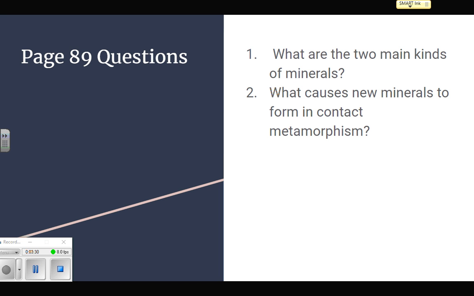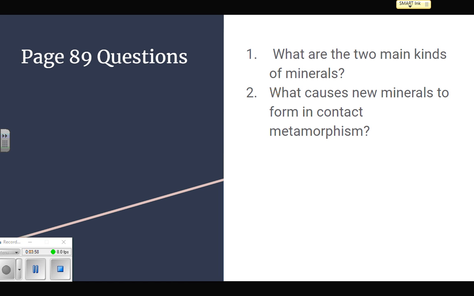Ores of nickel, chromium, and lead are examples. Evaporation. When a body of water evaporates, minerals that were dissolved in the water crystallize. Halite, rock salt, and gypsum are examples.